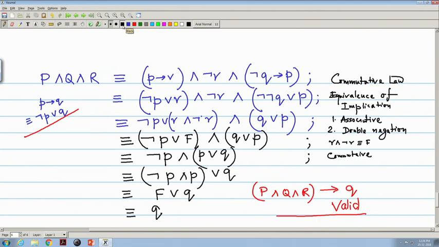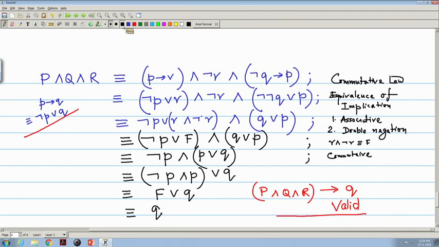That mainly means the implication, because we have defined the validity of an argument by whether some implication is a tautology or not. So, here we have seen using the laws of logic.